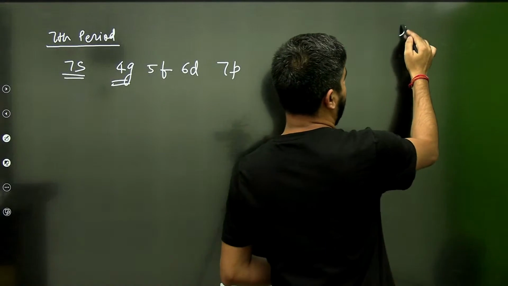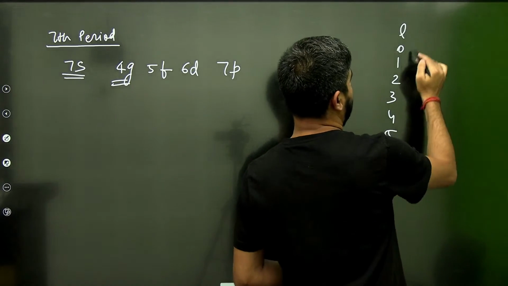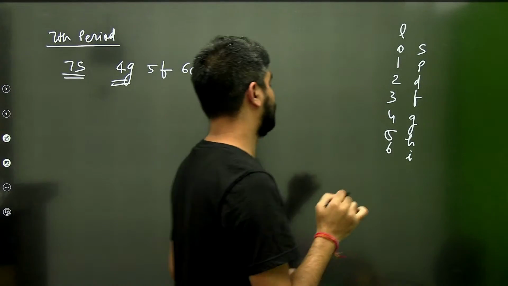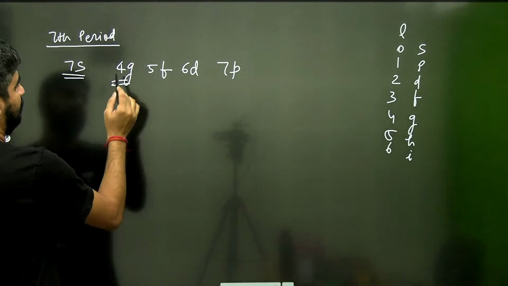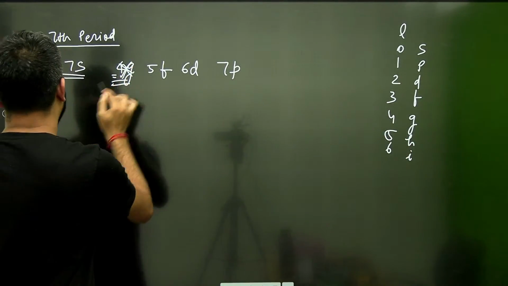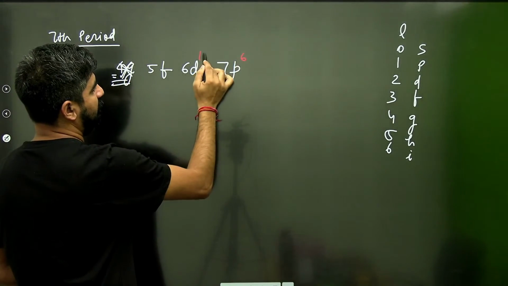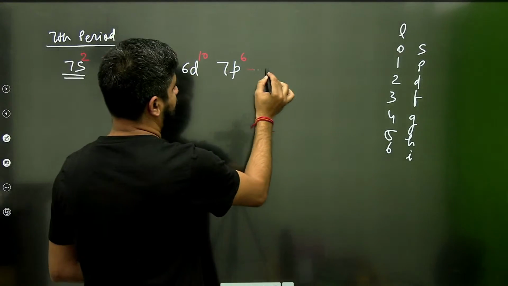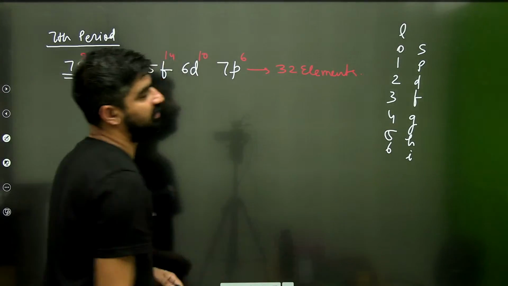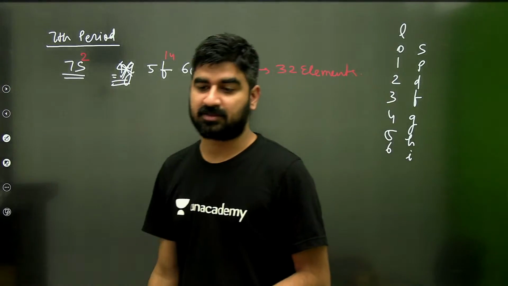So let me check l: s, p, d, f, g, h, i. So here 4g, n is 4 and for g l is 4, so this is not possible at all. And if it is not possible, guys, so I will write 2 electron, 6, 10 and 14. So again in the seventh period you will have 32 elements. Note it down. In the seventh period you have 32 elements.